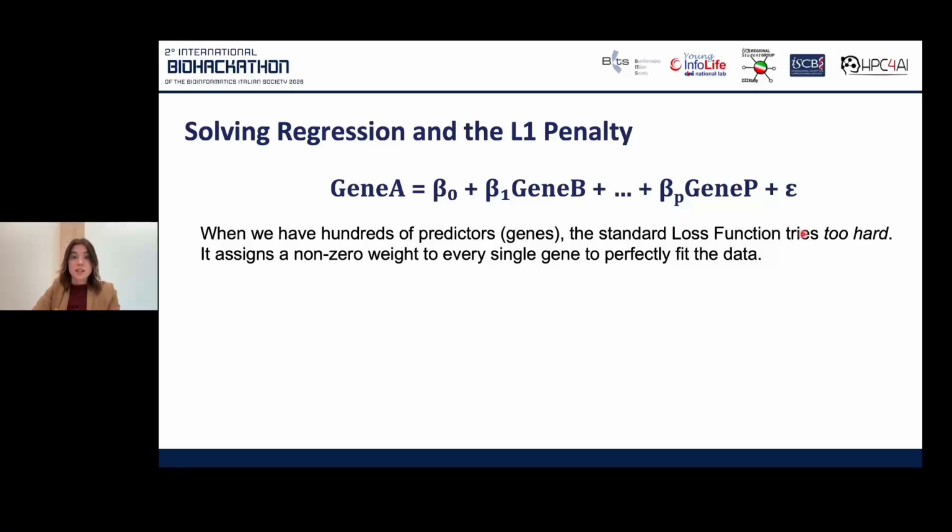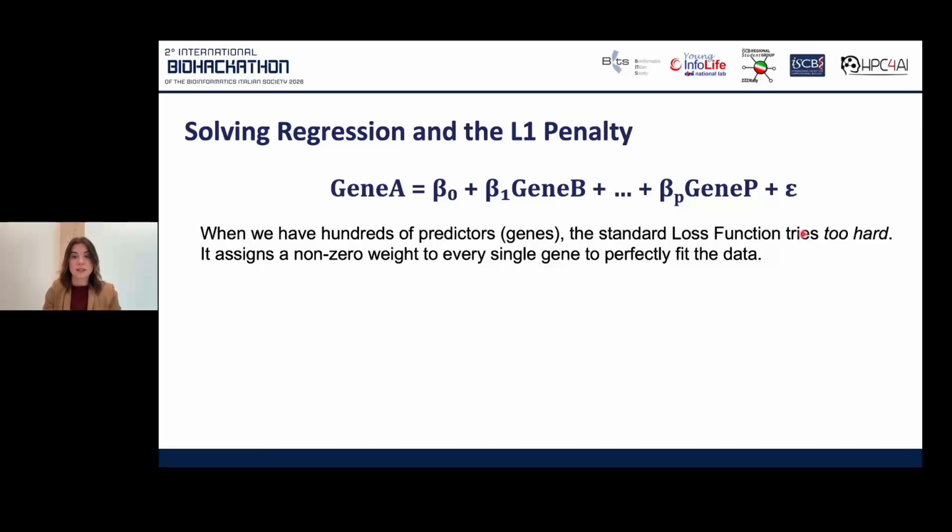Now, this works quite well as soon as you have few predictors. But let's say we want to infer gene regulatory networks from transcriptomic data. It means that for each gene, we want to identify which other genes are influencing or, let's say, regulating it.